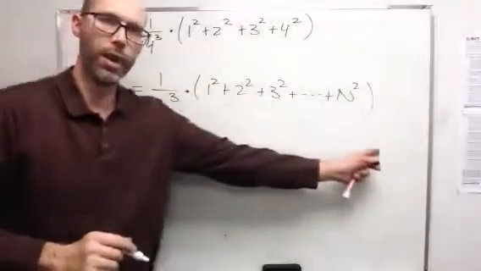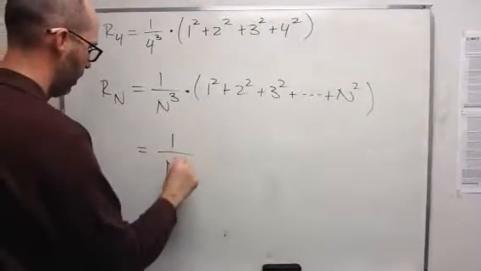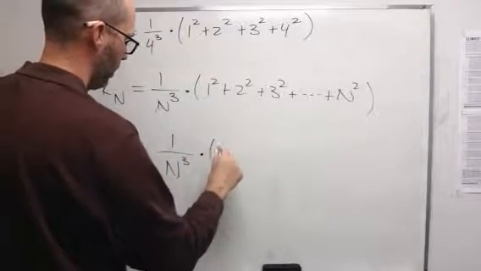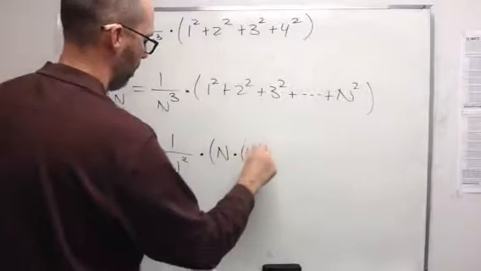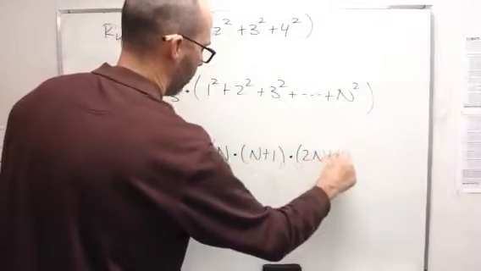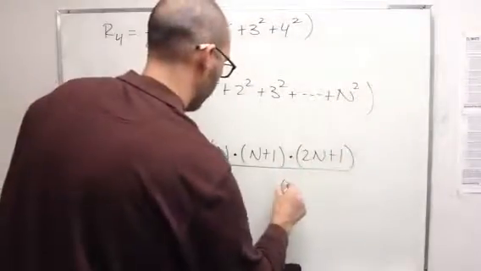So using that formula that I just erased, we have 1/N cubed times n times n plus 1 times 2n plus 1 all over 6.